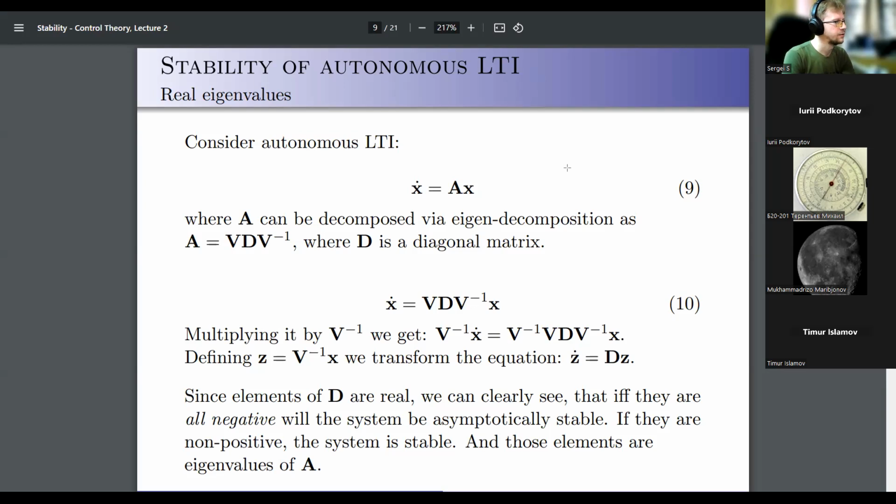Was it understandable what we have on the slide, after looking at it a little bit more?